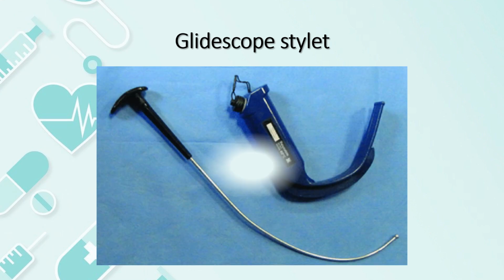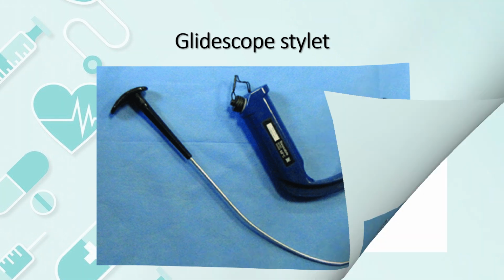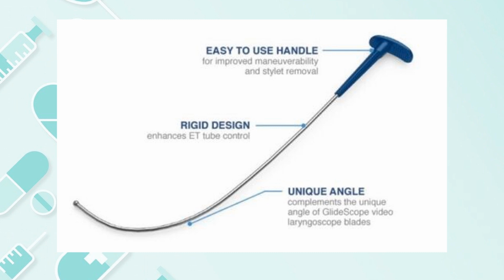The Glidescope stylet is a stylet designed specially for when we use the Glidescope in intubation. It has an easy to use handle, a rigid shaft, and a unique angle that can help us during intubation using a Glidescope.